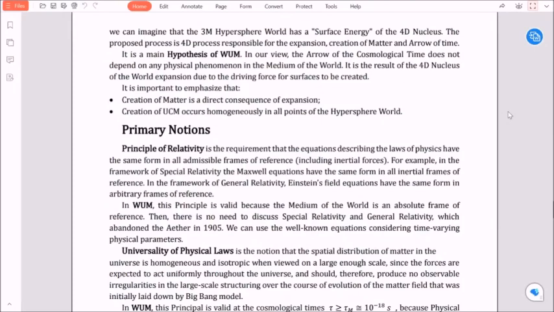Universality of physical laws is the notion that the spatial distribution of matter in the universe is homogeneous and isotropic when viewed on a large enough scale, since the forces are expected to act uniformly throughout the universe and should therefore produce no observable irregularities in the large-scale structuring over the course of evolution of the matter field that was initially laid down by the Big Bang model.